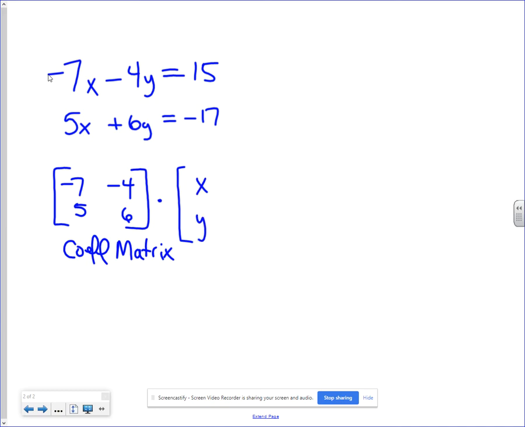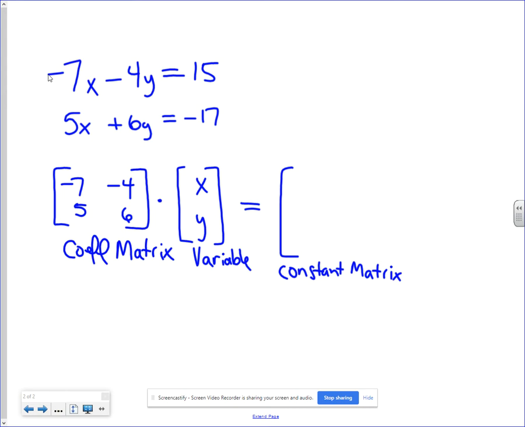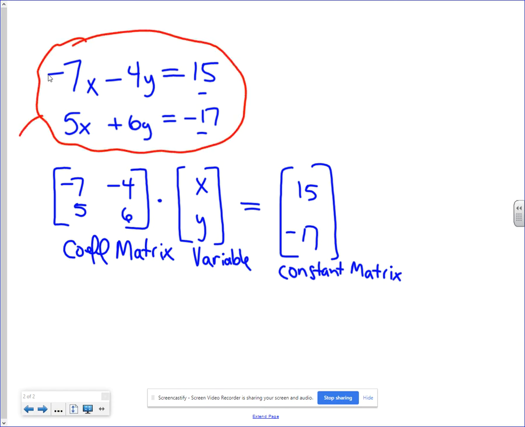This is called your variable matrix. And that's going to be equal to this matrix here, which is called the constant matrix. And constant matrix is just these numbers right here. So this system of equations written as a matrix equation looks like this.